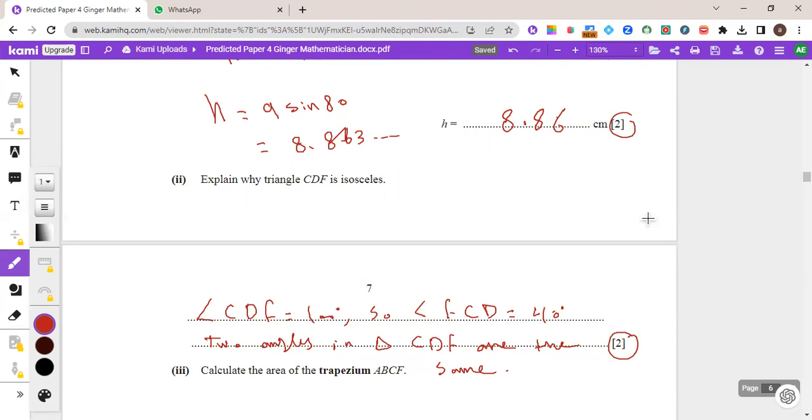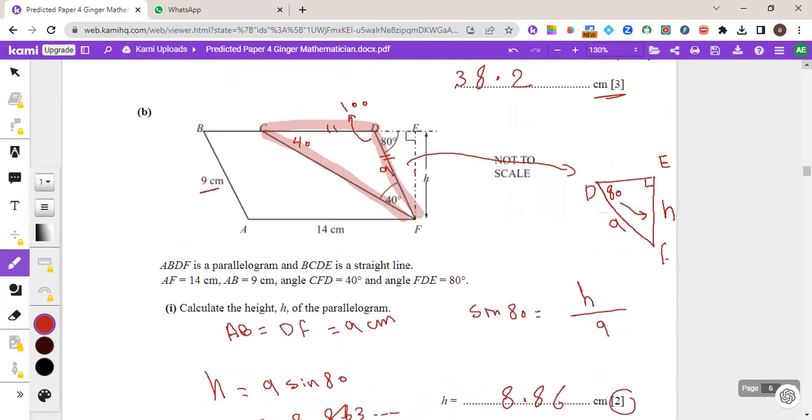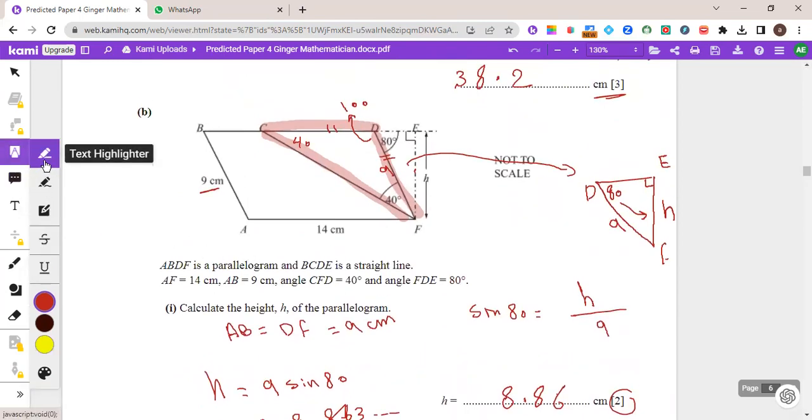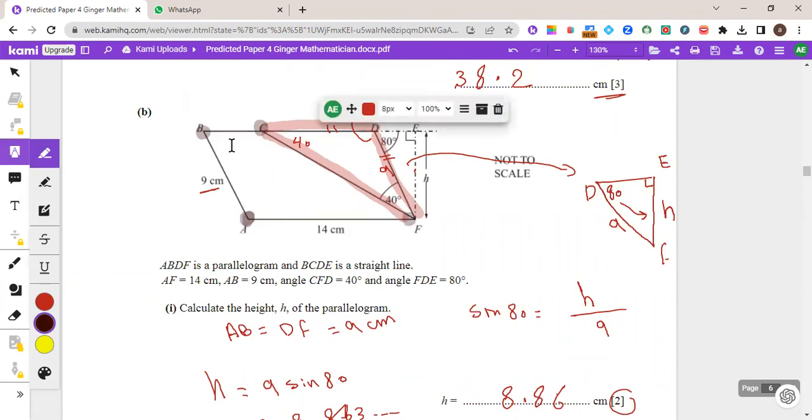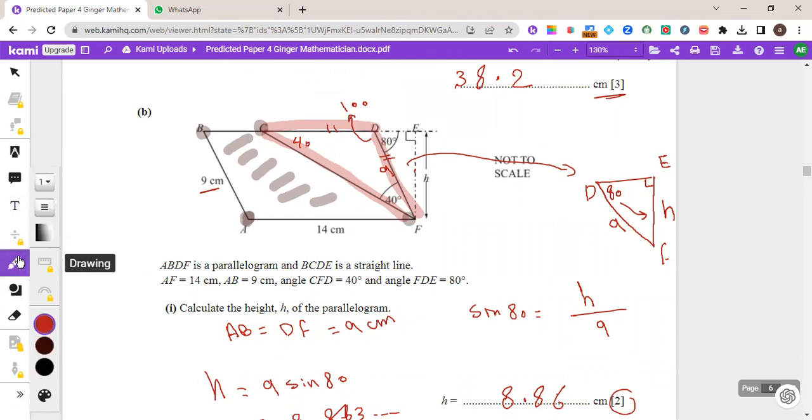Calculate the area of the trapezium. It's ABCF, this one.